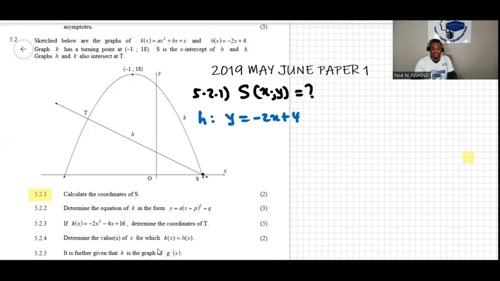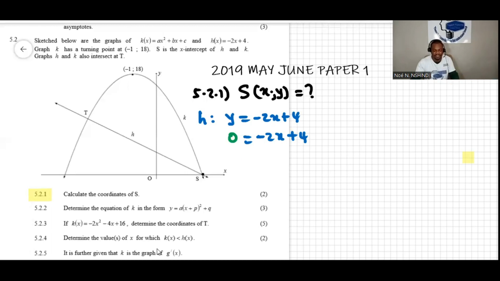The fact that S is the x-intercept means y equal to 0. So we substitute y by 0, and then we have 0 equal to -2x plus 4.